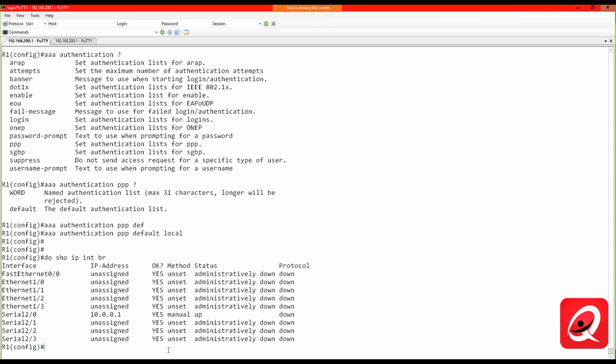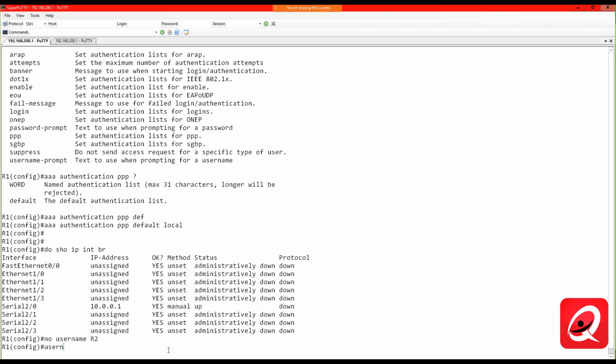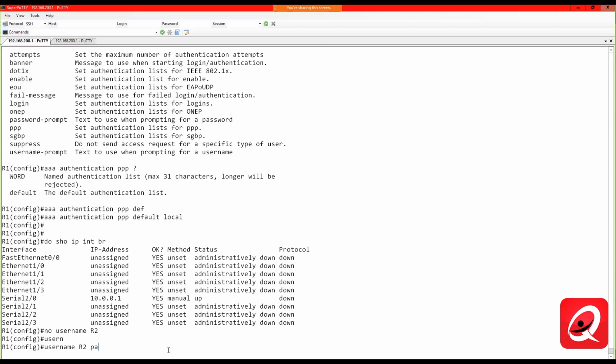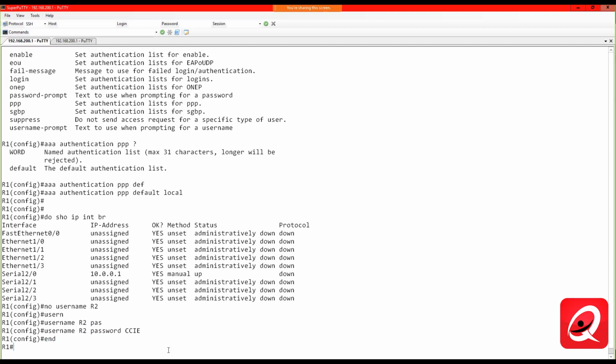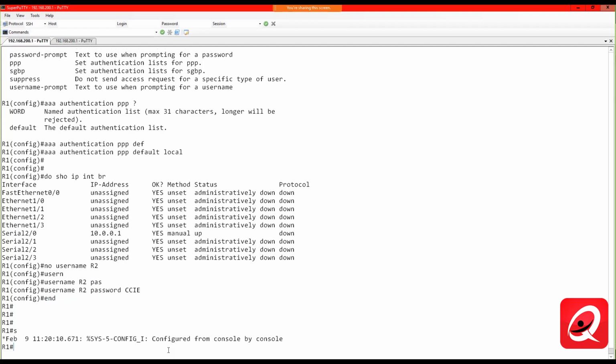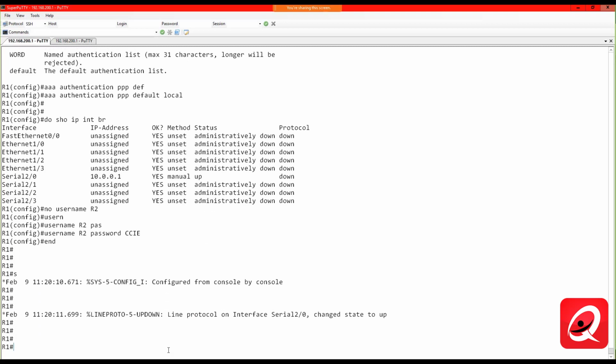Let me try one more thing. No username R2, username R2, password CCIE. I'm wondering if because I was using the secret option, because we're using one-way authentication with PAP, whether the secret option caused it to fail.